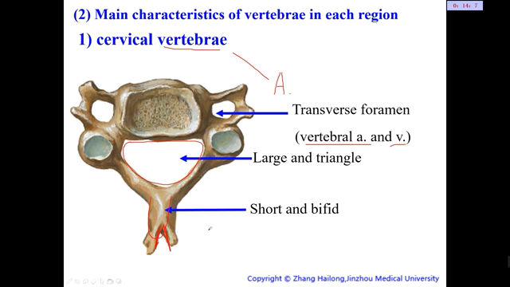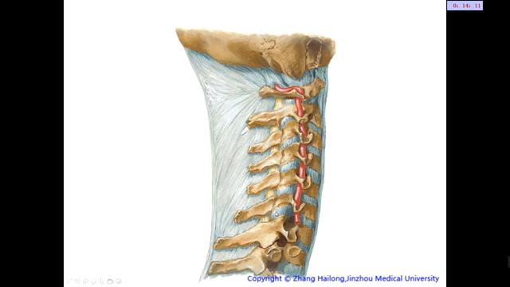Okay. From this picture, you can see, what's the name of this artery? Yes, the vertebral artery. It goes upwards along the transverse foramen, and finally enters your skull.